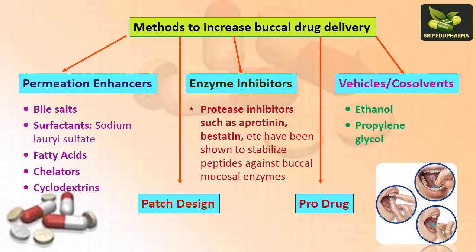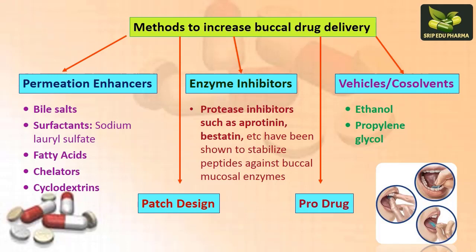Dear students, other than the methods of evaluation, there are also certain methods that increase buccal drug delivery, that are use of permeation enhancers. For example, we can use bile salts, surfactants, fatty acids, chelators or cyclodextrins that are combined with the polymers and co-delivered so that the drug can easily penetrate inside, or the polymer can easily permeate or be retained on the surface.